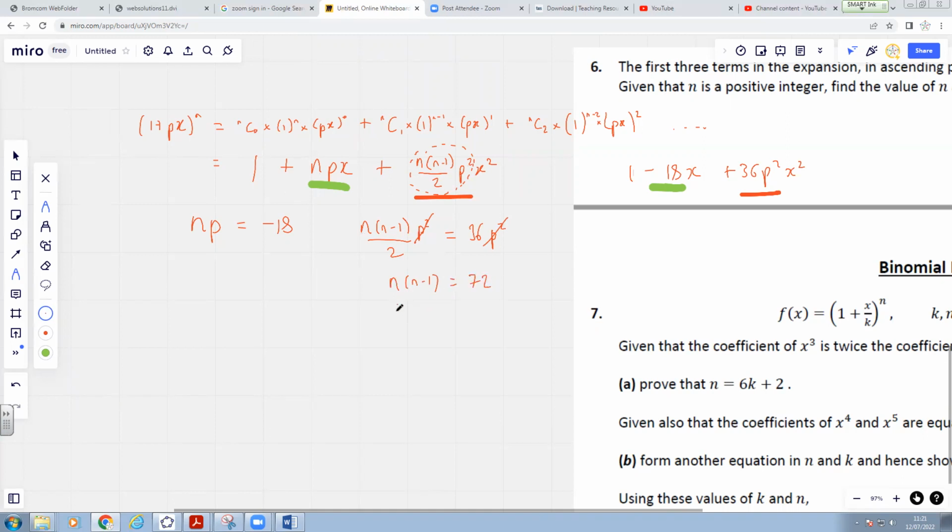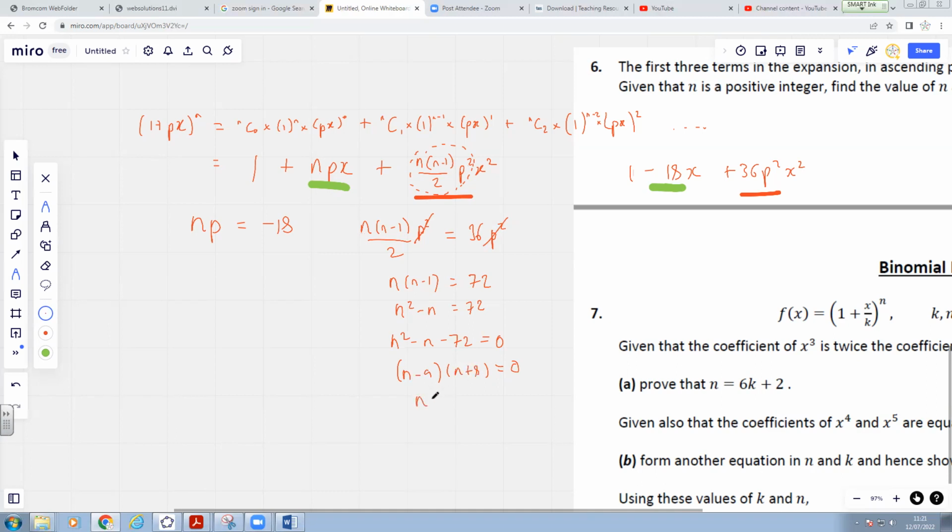I can multiply that out as a quadratic. n squared minus n equals 72. So n squared minus n minus 72 equals 0. Factorize the quadratic. Two numbers that add to give minus 1 and multiply to give 72. What is that? 9 and 8. n minus 9, n plus 8.